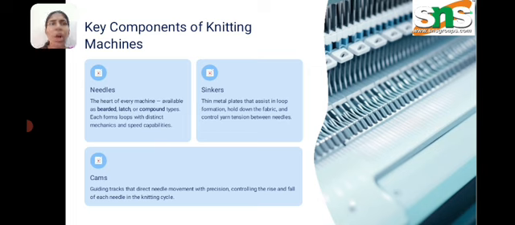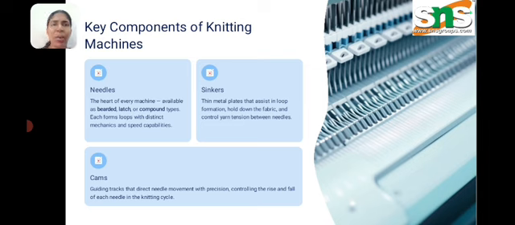Next is key components of knitted fabric. It has three main key components. One is needle, second one is sinker, third one is cam. These three elements are used in knitting machines. Needle has three types.